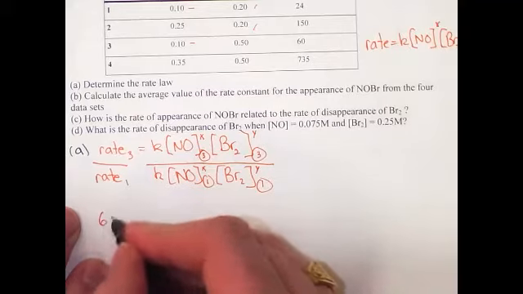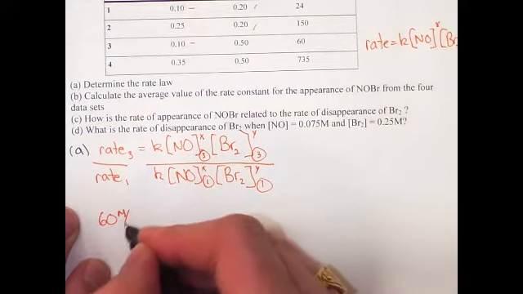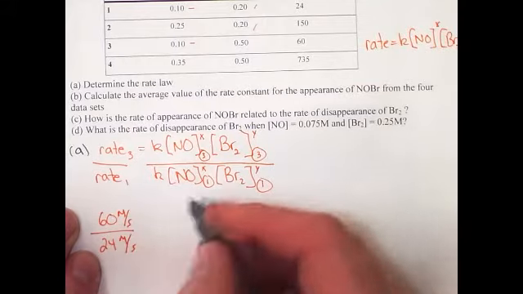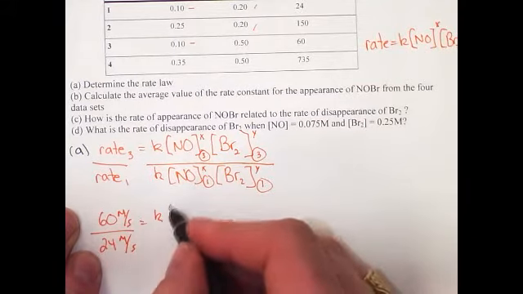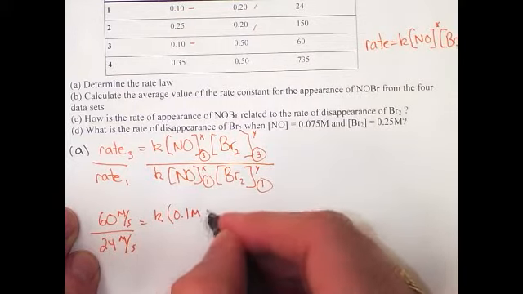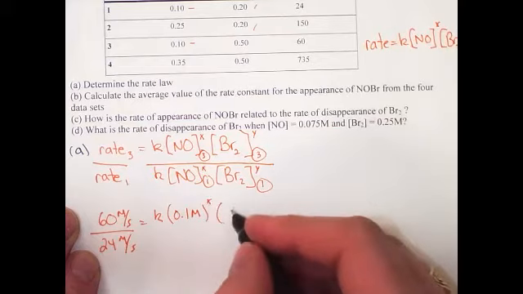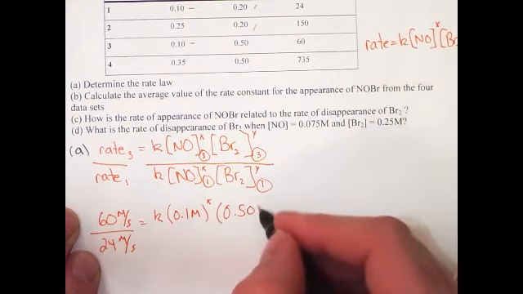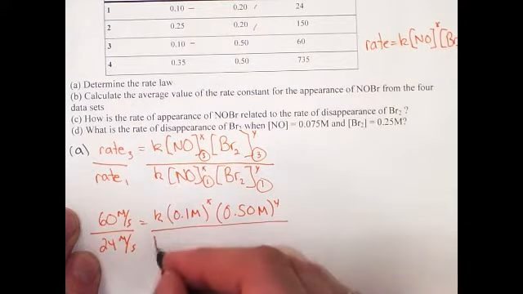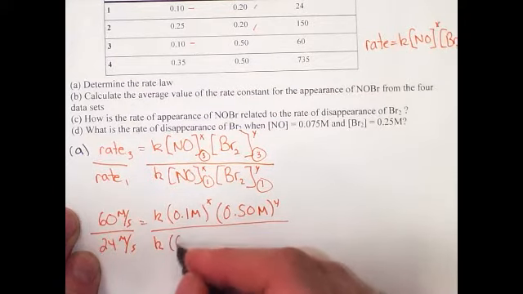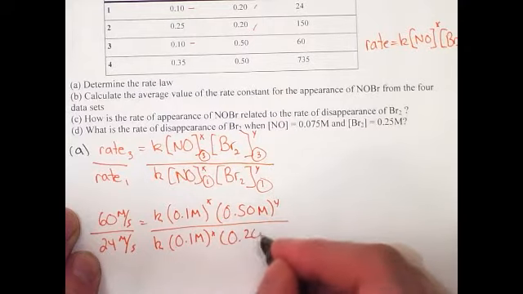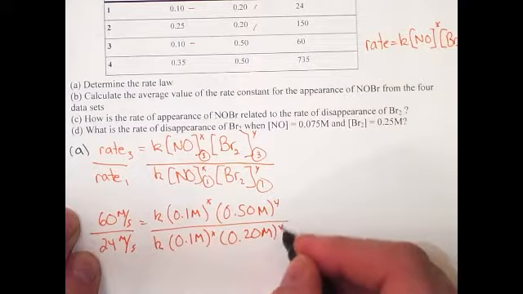So the rate for rate 3 over the rate for rate 1 is equal to k. The concentration for experiment 3 is 0.1 molar to the x, 0.50 molar to the y, and experiment 1 is 0.1 molar to the x and 0.20 molar to the y.